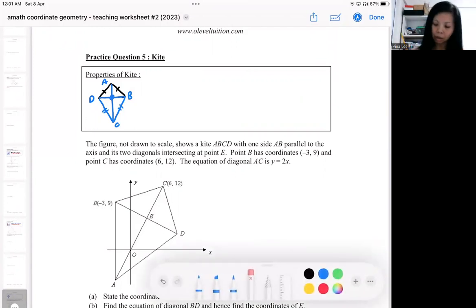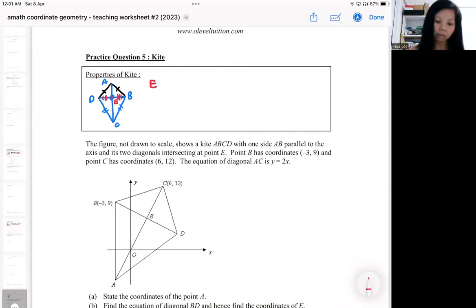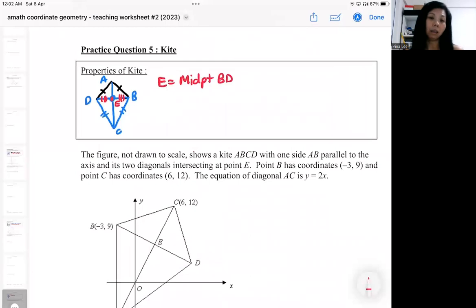So the only thing that's applicable is E is the midpoint of BD. Other than that, it's not. So E is not going to be the midpoint of AC.